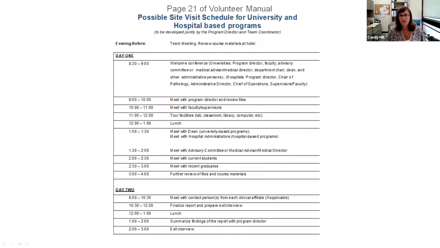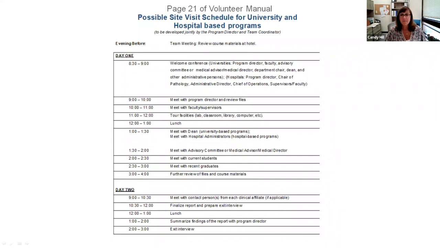Most of my experience is with the university-based programs, so that's the point of reference I'm coming from. But this welcome conference really is any of your administration that likes to be there. You can invite anybody, but most of the time it consists of just the program director and faculty. Typically the advisory committee we set up later on in the day by themselves.